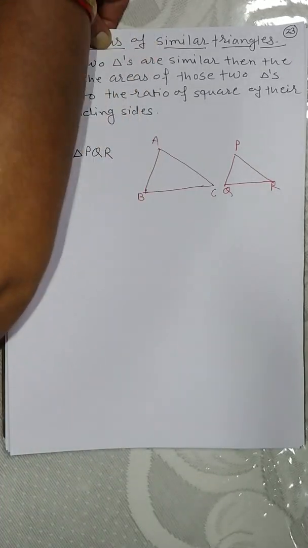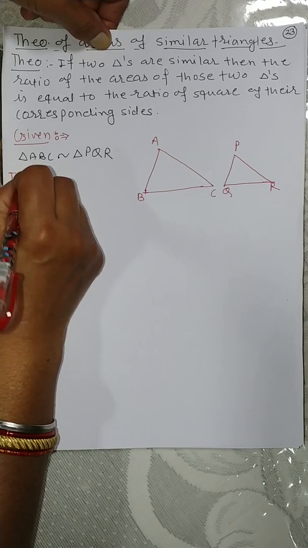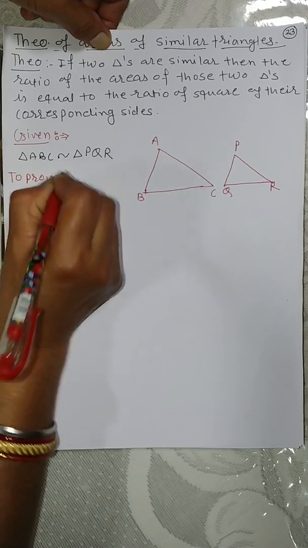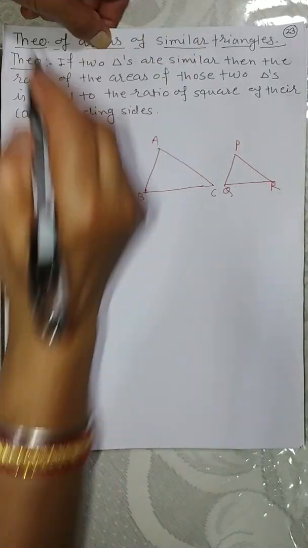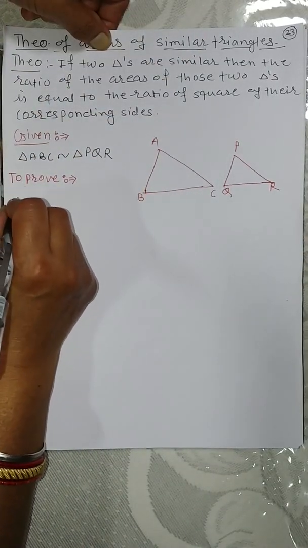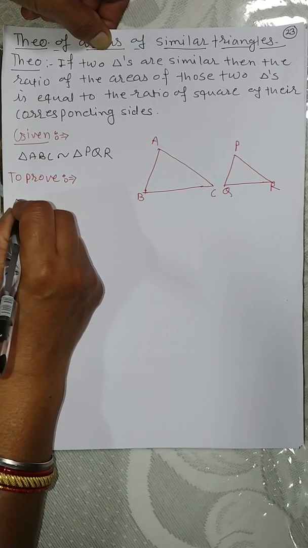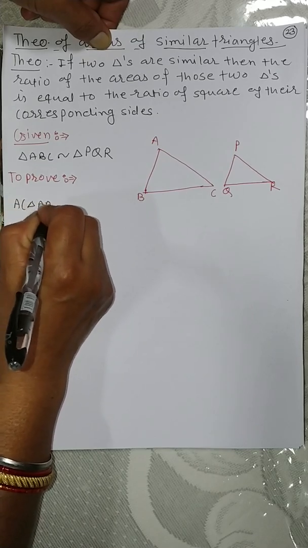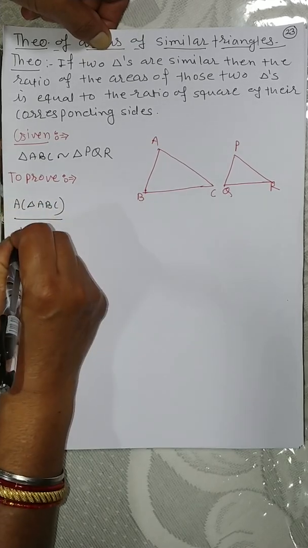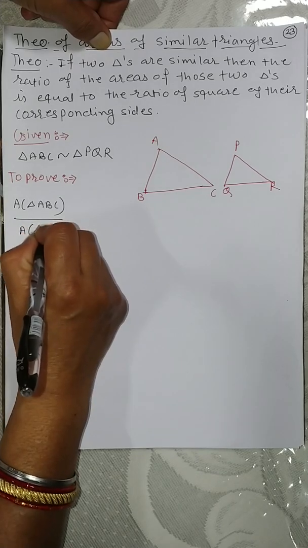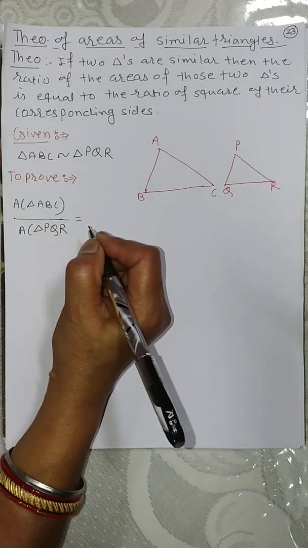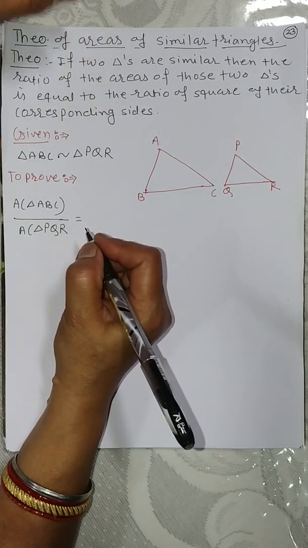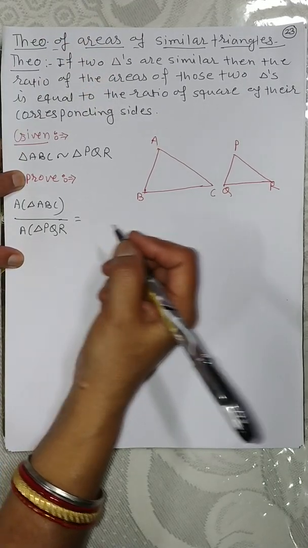PQR. What we have to prove? To prove is the ratio of their areas. So area of triangle ABC upon area of triangle PQR, it is equal to the ratio of the square of their corresponding sides.